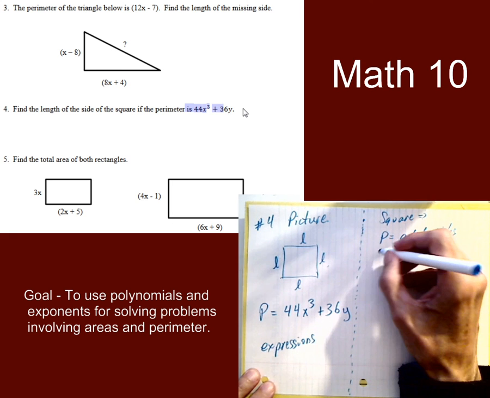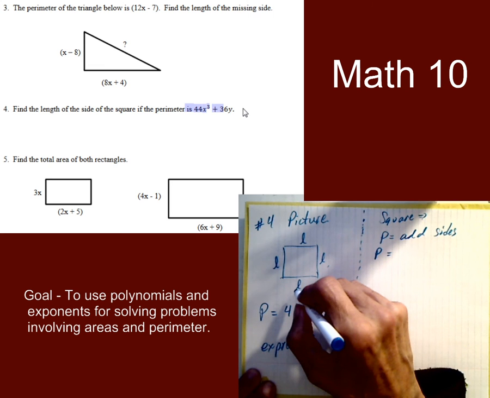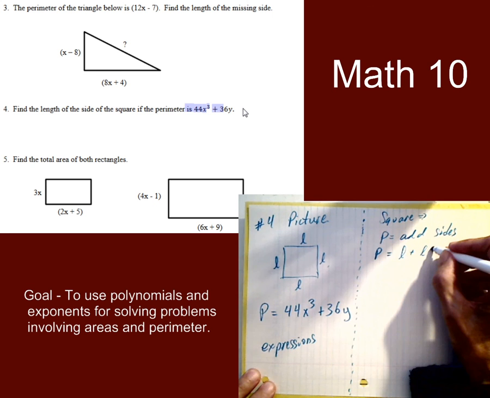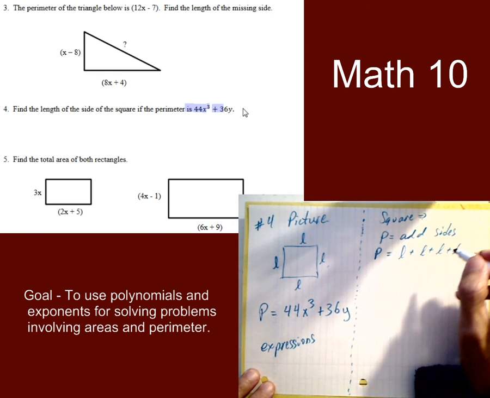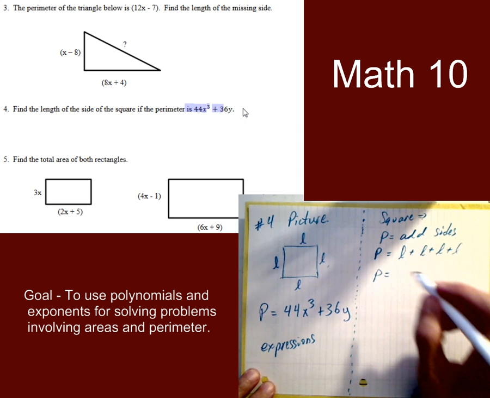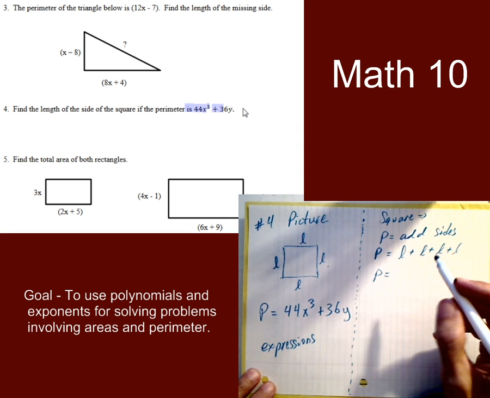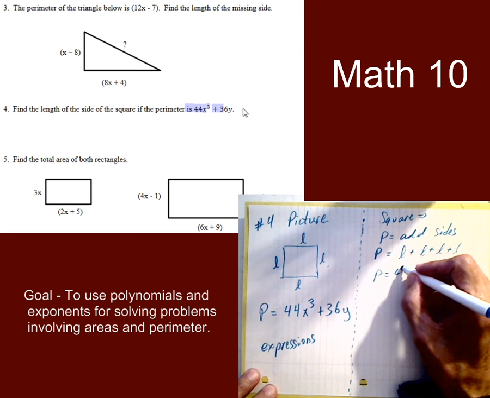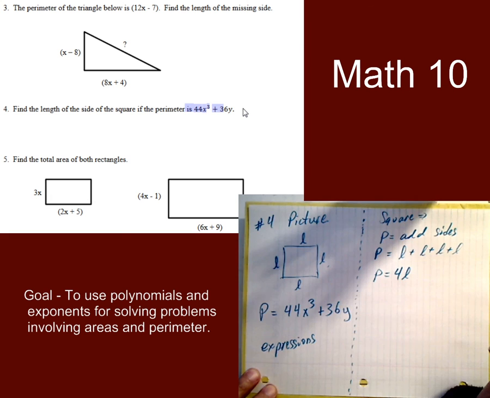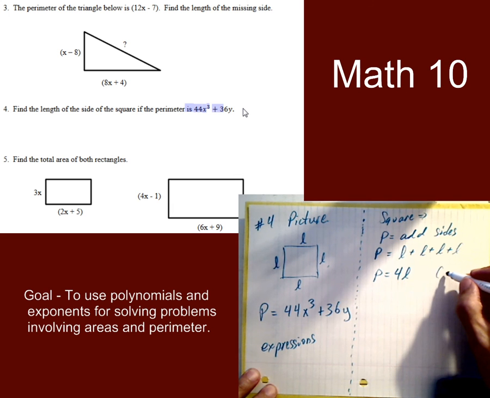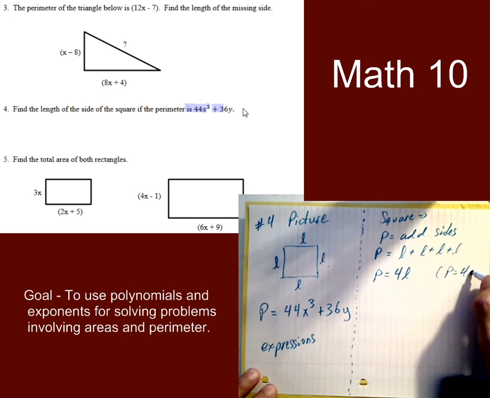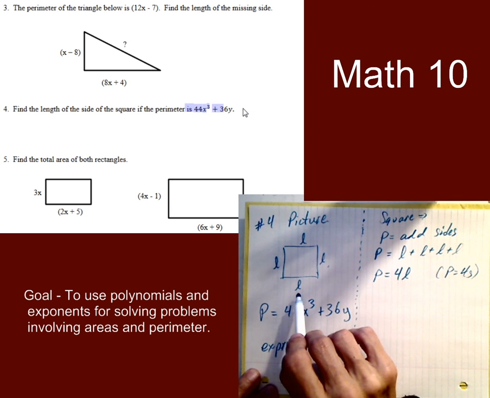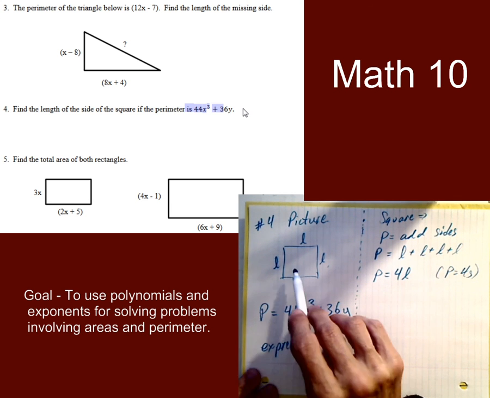Well, for us, that's L plus L plus L plus L. But really, as it was presented to you, the perimeter for a square is 4 times the length of a side. I think the formula used S for side, which makes sense, but hopefully you're okay with L as well.